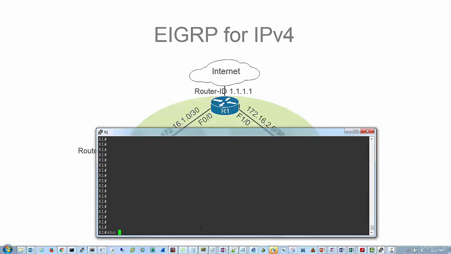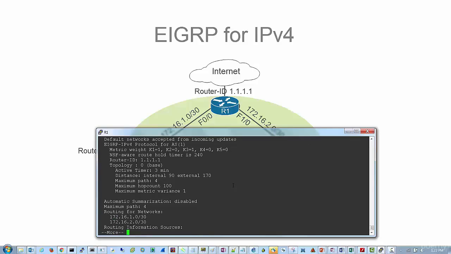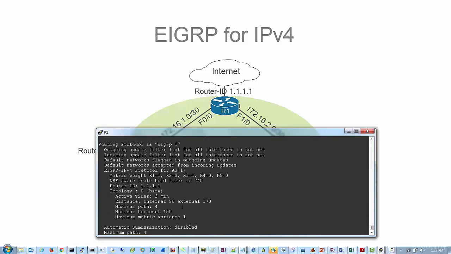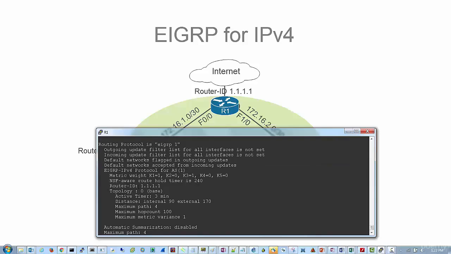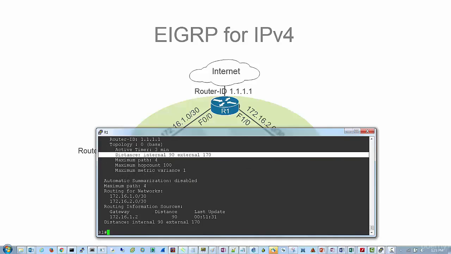Another great command is show IP protocols. And if we look at the information here, we have our K values, our router ID, as well as our current internal and external administrative distance values.